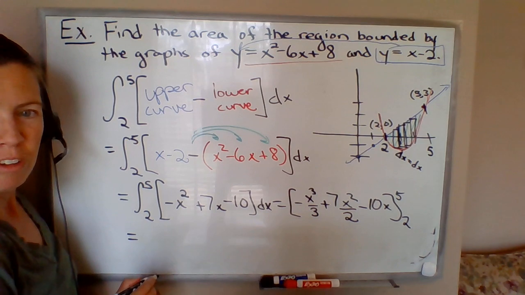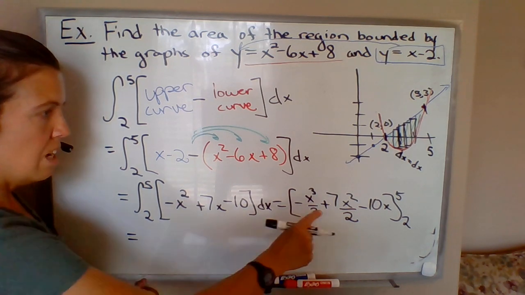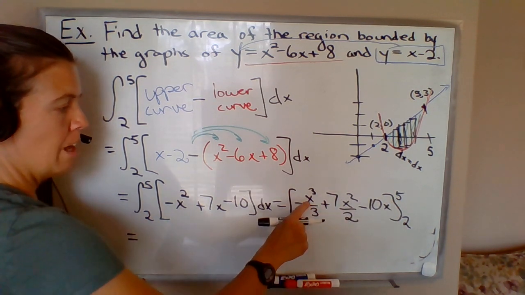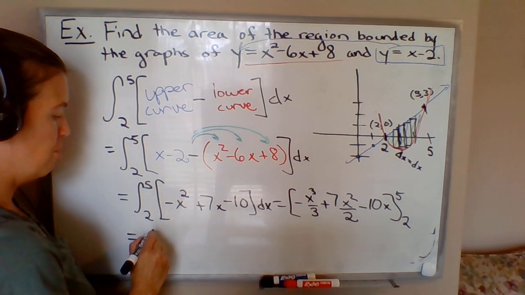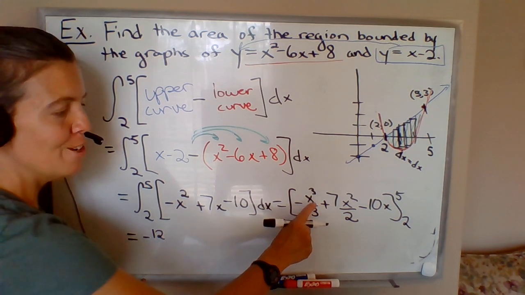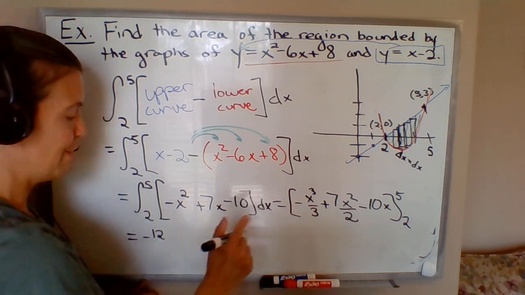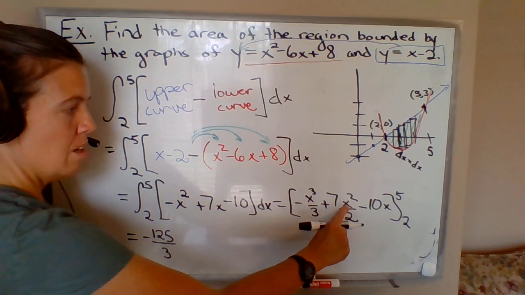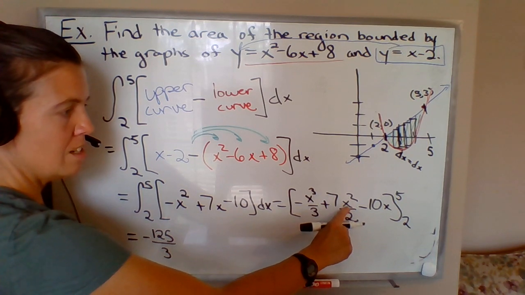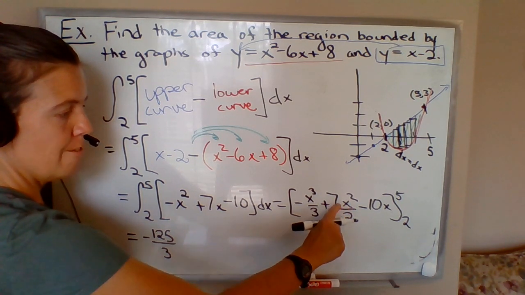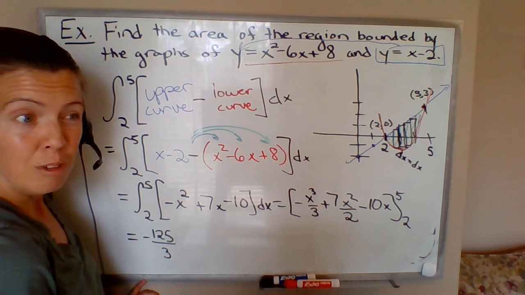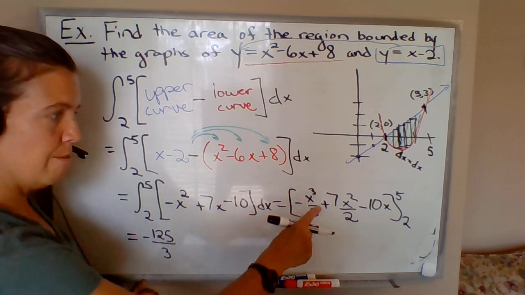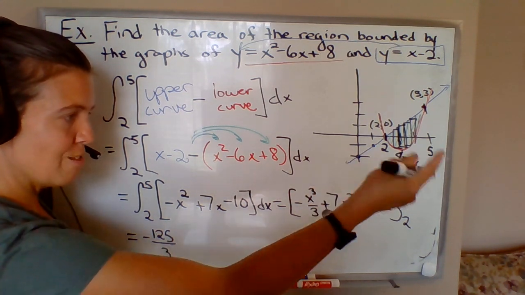Okay, so now it's just a matter of cranking out the values. If we plug in 5, 5 cubed is 125, and then we've got this negative in front, so negative 125 over 3. 5 squared is 25 times 7, which is 175, because 4 of them is 100, 3 more, yeah.